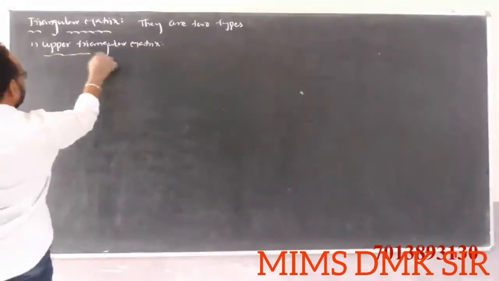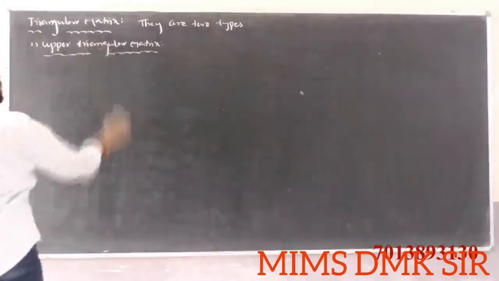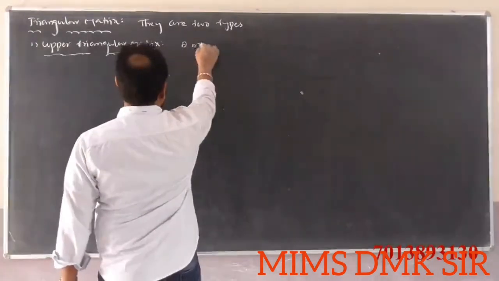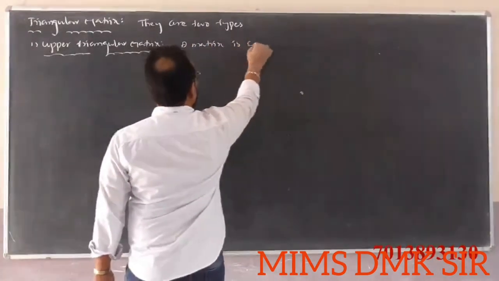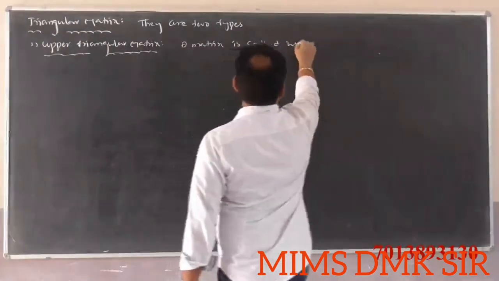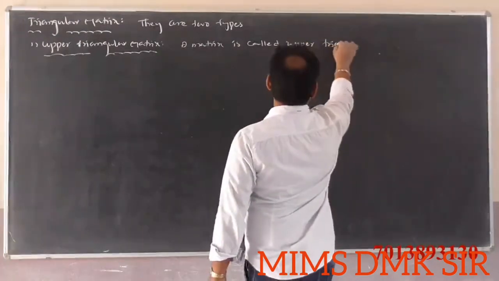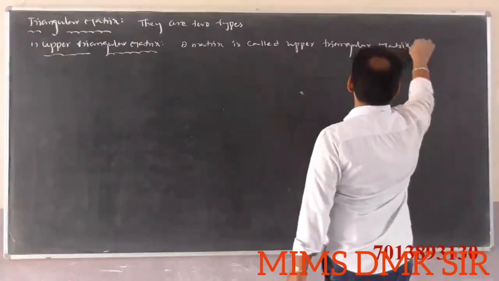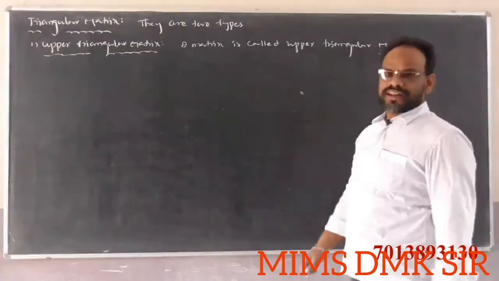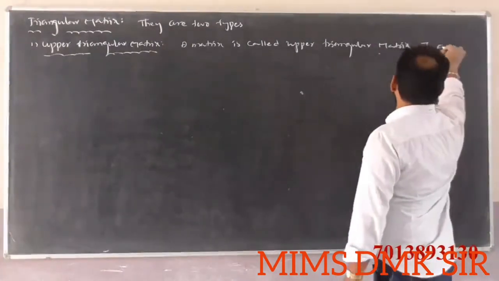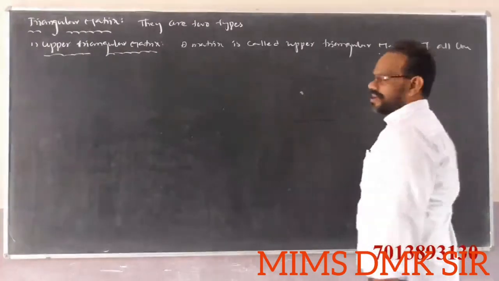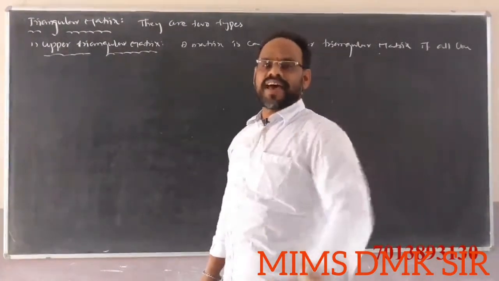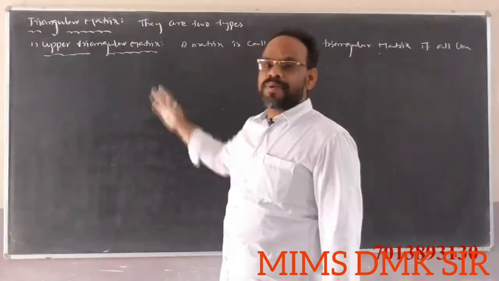A matrix is called an upper triangular matrix if all the elements below the principal diagonal are equal to 0. First of all, we discuss the upper triangular matrix.